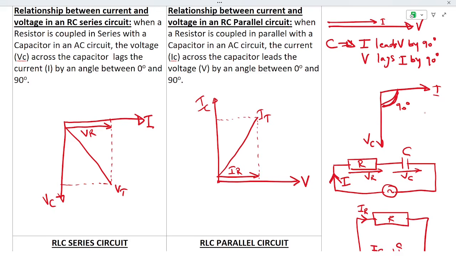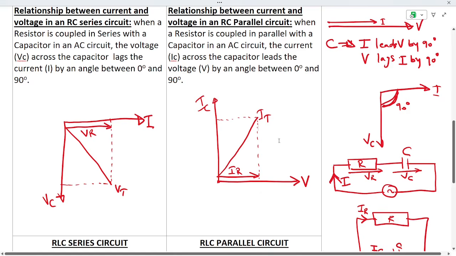So you understand that in series circuits we are exploring voltages. In a series circuit there is only one current, which becomes our point of reference. In a parallel circuit there is only one voltage that becomes our point of reference.